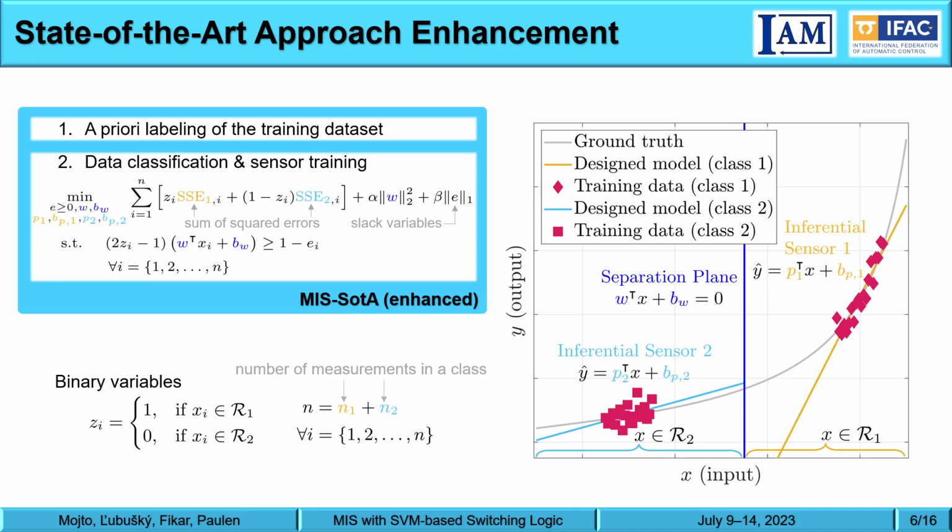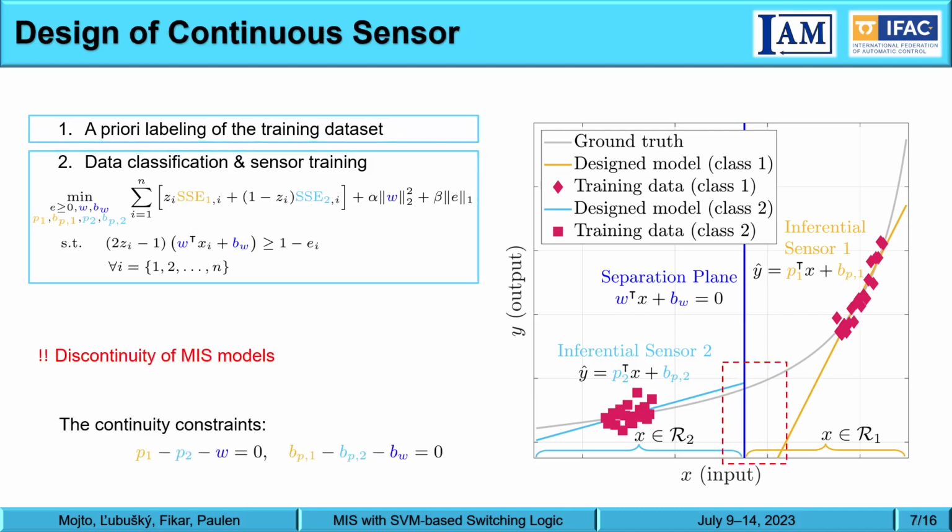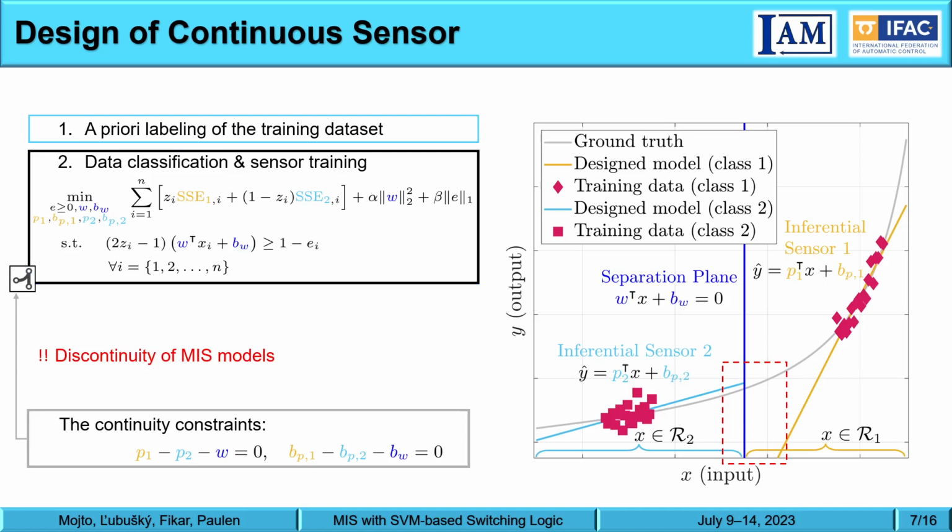So according to this optimization problem, it's possible to deal with the first challenge, which is about the discontinuity of the designed models within the multimodal inferential sensors. Here we adopt the continuity constraints, which ensure that the designed separation hyperplane should be located right on the cross sections between two models.